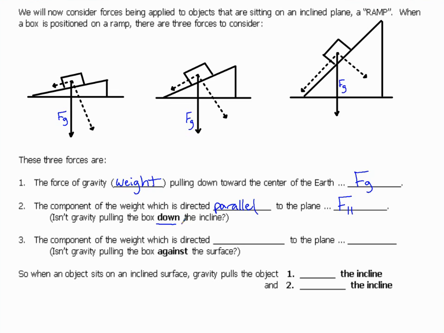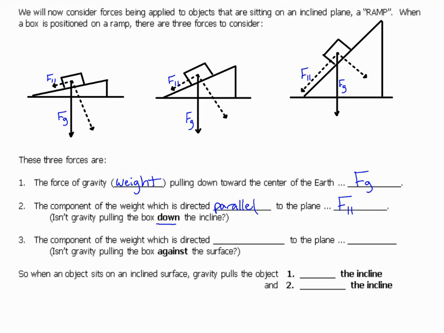So in our pictures up here, in our first ramp, the force parallel is parallel to the surface of the ramp. So here's force parallel. In the second one, the force pulling it down the ramp, which is parallel to the ramp, is force parallel. And in this one, we have a much greater force parallel pulling it down the ramp.